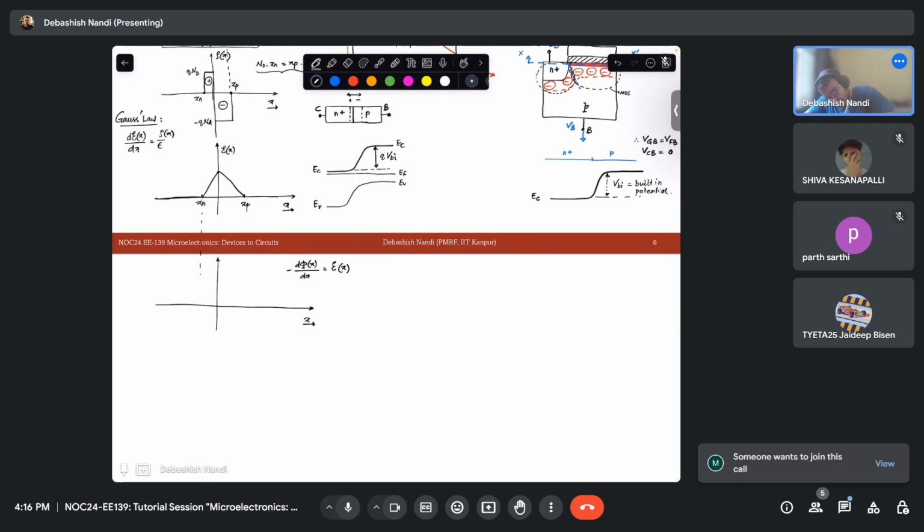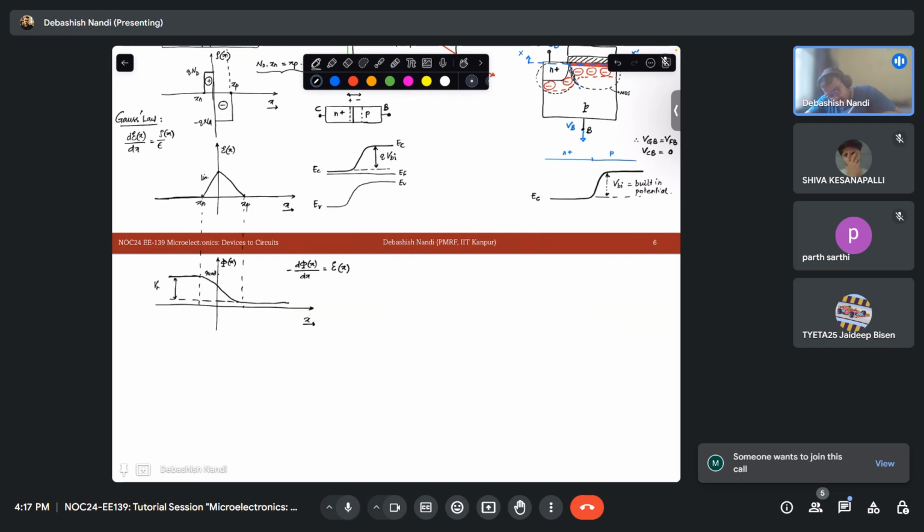If I draw this and these boundaries, it will be something like this. This linear thing will become a square, some quadratic thing. So this will be your potential profile phi of x, and what is this difference?